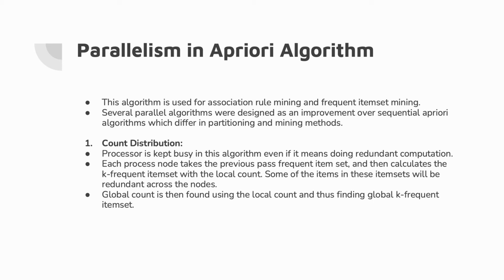Now some of these items will be frequent globally, but some might not be. So there will be some redundancy across the nodes. The global count is then found using the local counts, and thus we find the global k frequent itemsets.